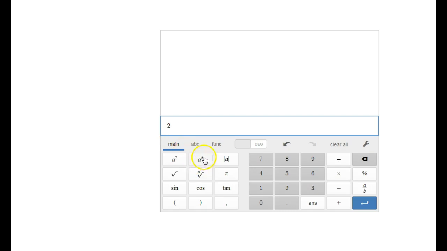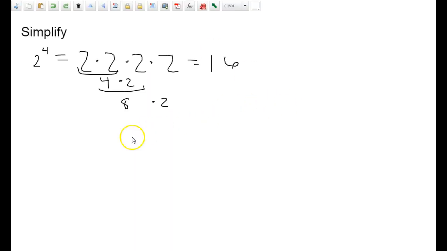We want to hit the AB. We've already typed in the 2, that's going to be the bottom, the A. Then when we hit AB, it takes us up above where we can type in the exponent, and then the answer is shown on the other side. So that is the Desmos Scientific calculator.